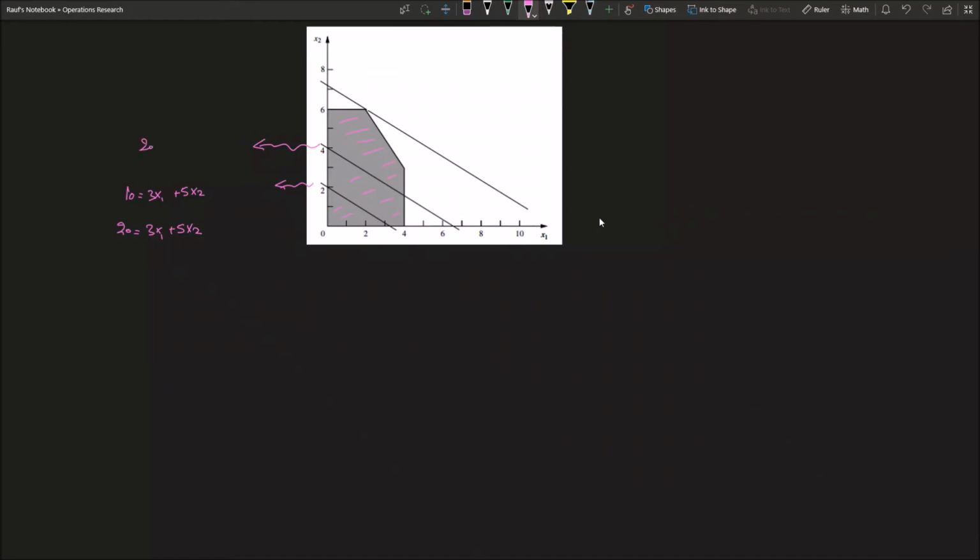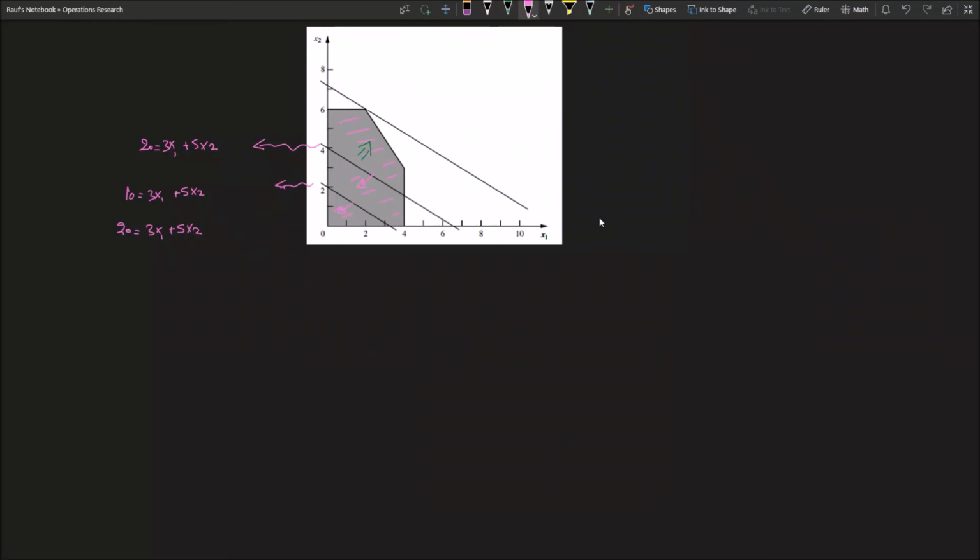So this is the line representing 3x1 plus 5x2 equal to 20. We are still missing almost half of our feasible region, so we need to try to go up. So we are trying to let our line be higher than that to cover as much of the feasible region as possible.